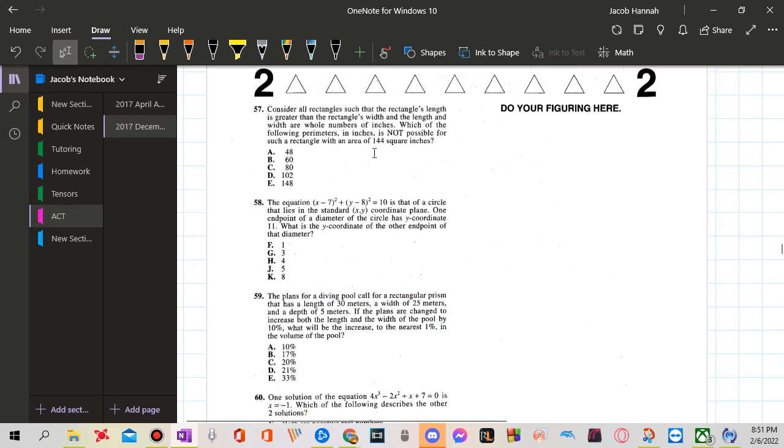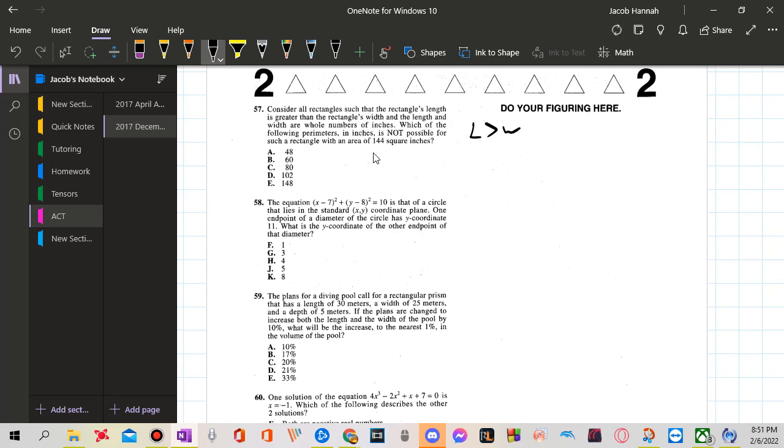Alright, consider all rectangles such that the rectangle's length is greater than the rectangle's width, and the length and width are whole numbers of inches.